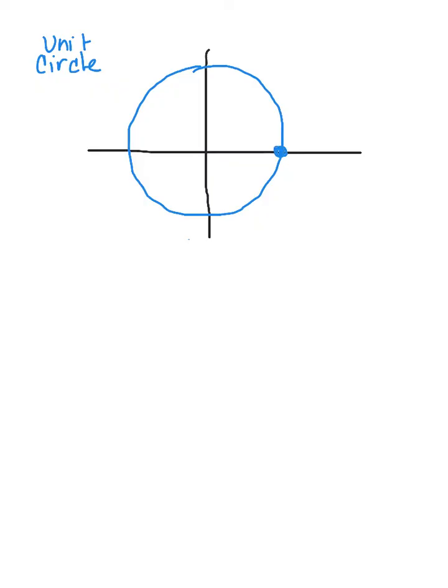All right, so this is basically how we use it. So like I said, if this is out 1 unit, then wouldn't the coordinates of this point be (1, 0)? And then the same thing up here, if I go up 1 unit, those would be the point (0, 1). And then out here would be (-1, 0). And then down here would be (0, -1).